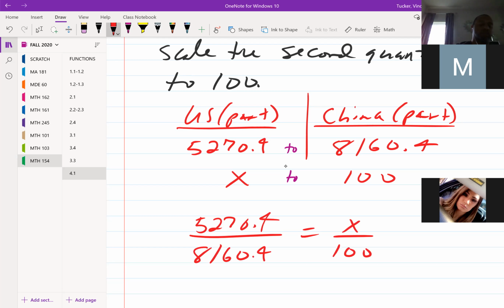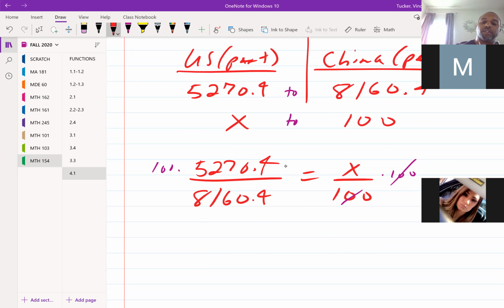Cross multiply, or we multiply by 100, either way. Since we have this 100 down here, we can go ahead and multiply by 100. Cut back on steps. Once again, cross multiplying is not an issue. Just do that if that's what you feel comfortable with.